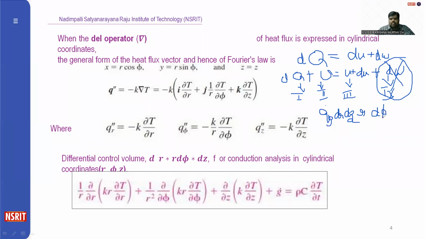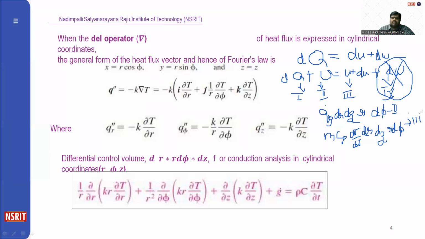So your second term is also achieved. Now the third term is the rate of increase of internal energy. It will depend upon mass into specific heat into change in temperature with respect to time, per unit volume, so it will be dr dz r d phi. So this is your third term.